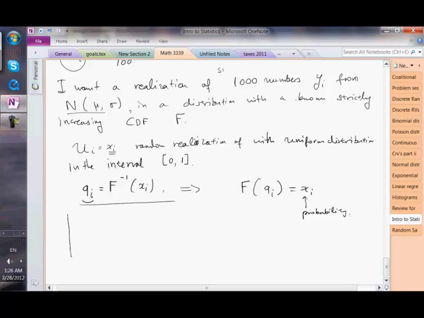And if I do the Q-Q plot of the points Q sub I and F empirical.